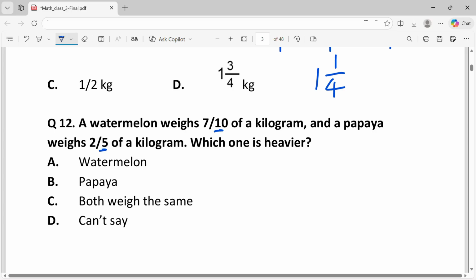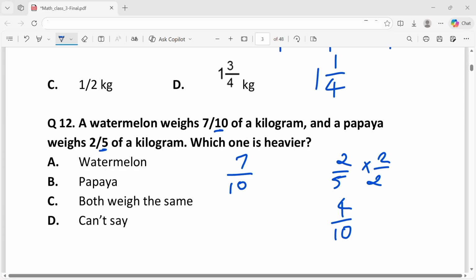So 7 by 10 and 2 upon 5 into 2 upon 2, that is 4 upon 10. Comparing 7 upon 10 with 4 by 10, we can see 7 is greater than 4. That is, the weight of the watermelon is more than that of the papaya. So the answer is A, watermelon.